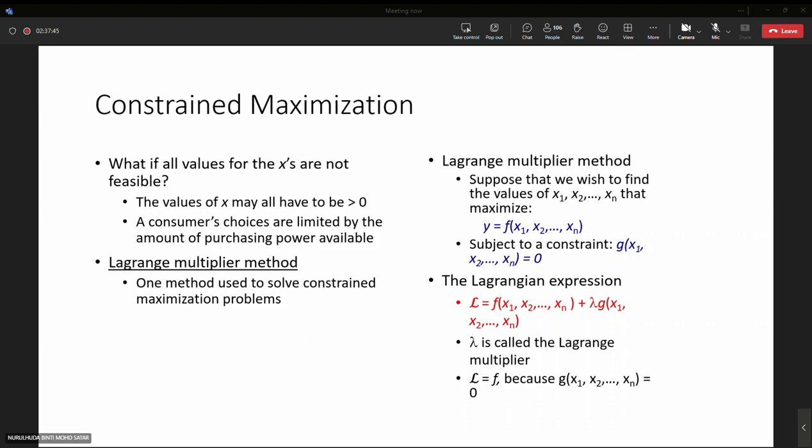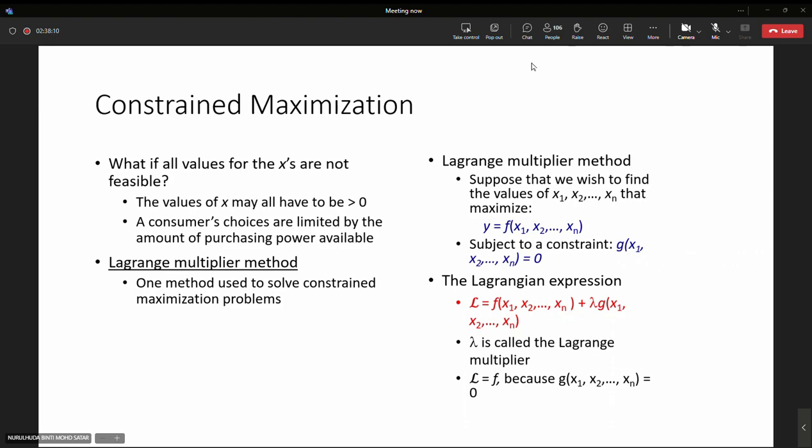Of course, if there is no constraint, then people want to consume as much as possible, given their utility function. But there are limitations that we need to take into consideration when examining the consumer's behavior.